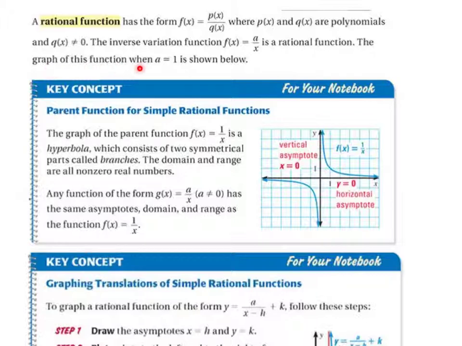The graph of this function when a is 1 is shown below. So here's the parent function, f of x equals 1/x. See how there's two asymptotes, a vertical and a horizontal? Okay. We're going to have to learn how to always find those. And then the graph is a hyperbola, which consists of two symmetrical parts called branches. The domain and range are all non-zero real numbers.